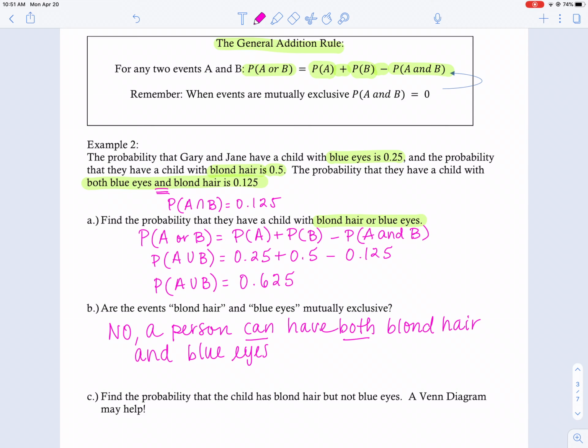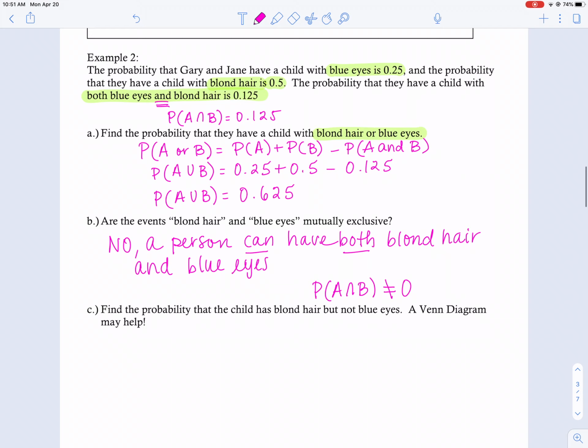In other words, the probability of A and B isn't 0. There's a probability that someone comes out with blue eyes and blonde hair. It was 0.125.